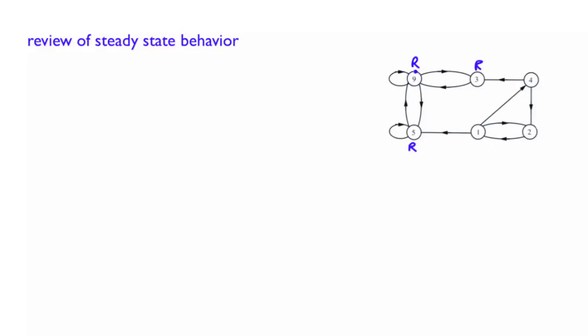Because whenever you are in 9, no matter where you go, there is always a way to come back. Right? You can go to 3 and come back, or 5 and come back. And actually this is a recurrent class, because all these recurrent states communicate with each other.